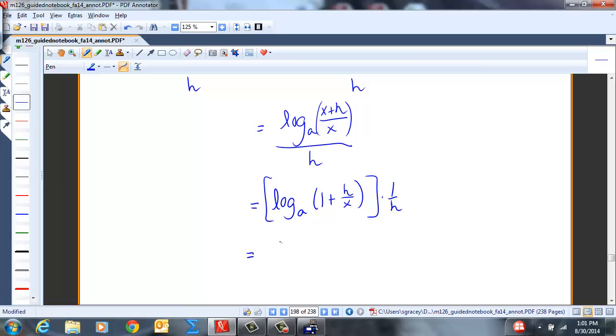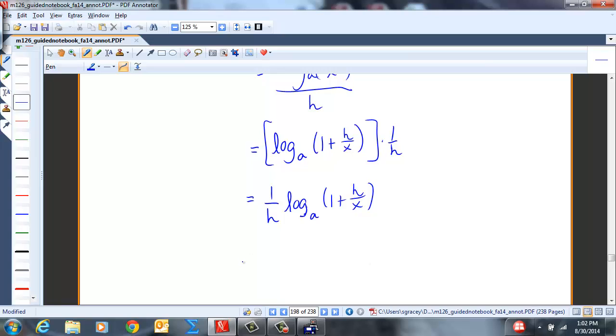And then let's just switch the scalar, the constant, to the front, and we have this. And finally, using the power rule to condense, this guy will go in as the power, and we'll have 1 plus h over x raised to the 1 over h. And you're done. You did it.